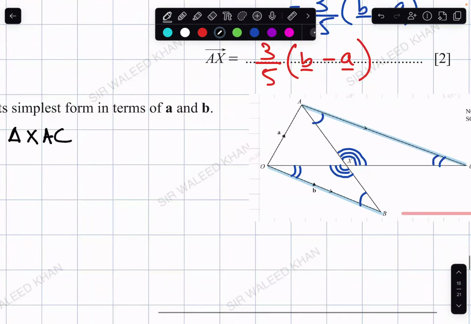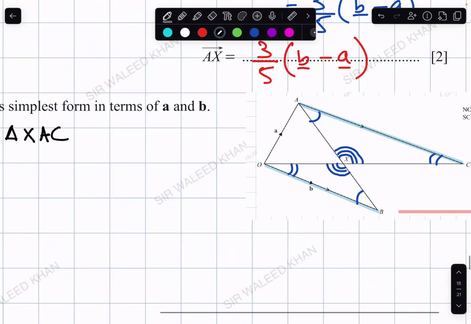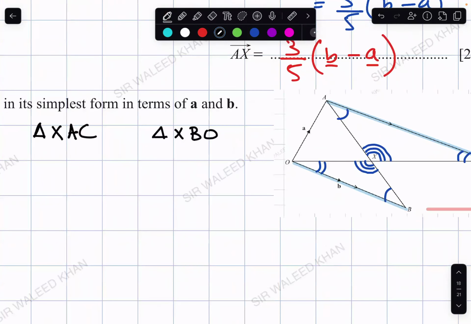So XAC and triangle XBO. How have I named them? X, okay, equal angles. A and B are equal angles, and O and C are equal angles. That's how I've named them.